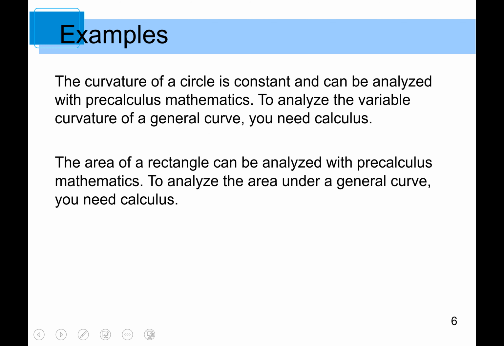The curvature of a circle is constant and could be analyzed with precalculus. To analyze the variable curvature of a general curve, you need calculus. The area of a rectangle could be analyzed with precalculus, but in order to analyze the area under a general curve, you need calculus.